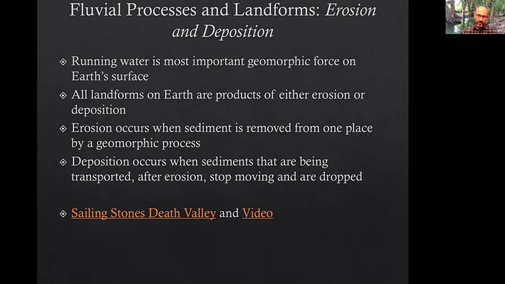Erosion occurs when sediment is removed from one place by a geomorphic process. In this case, we're looking at water, fluvial geomorphology. And deposition is when that sediment that is moving stops moving and comes to a rest somewhere else.